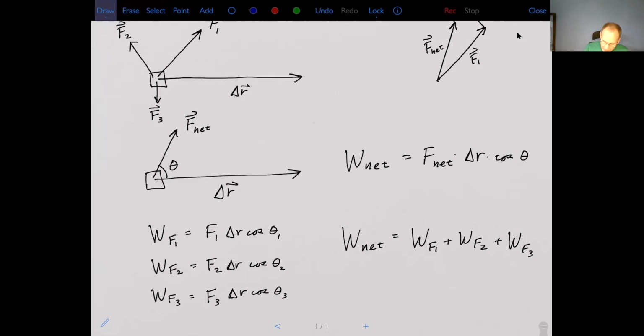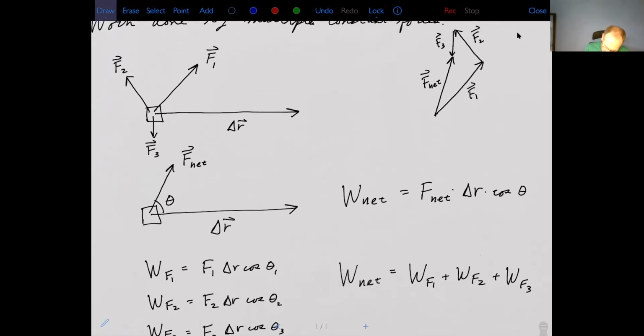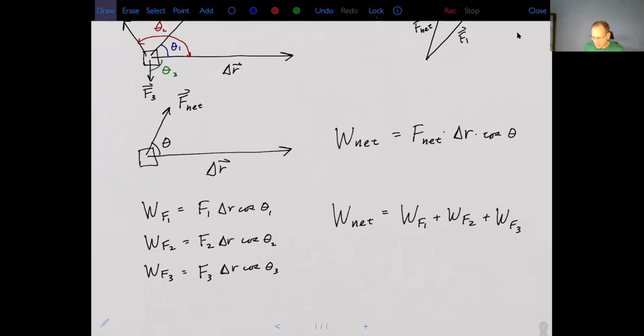That's the angle between F3 and delta R. So if we go back to this picture, this would be theta 1. This would be theta 2 from there to there. And then in another color, green, this will be theta 3. Okay, so you calculate each individual work, add them together, and that's going to be the net work done.